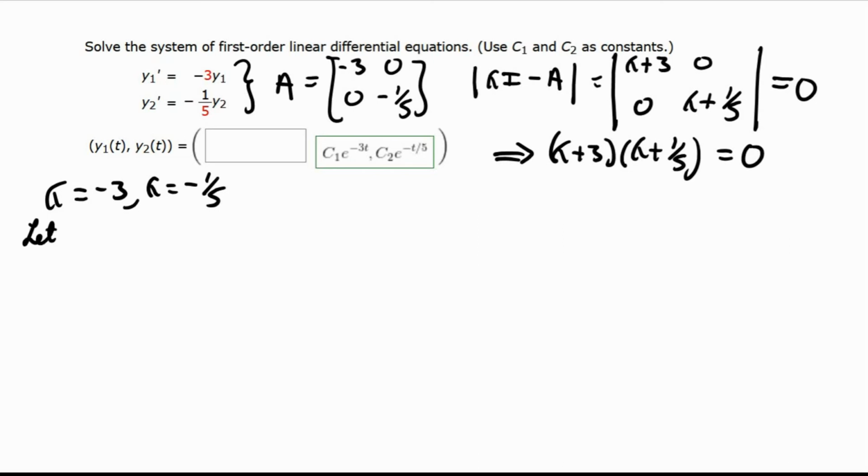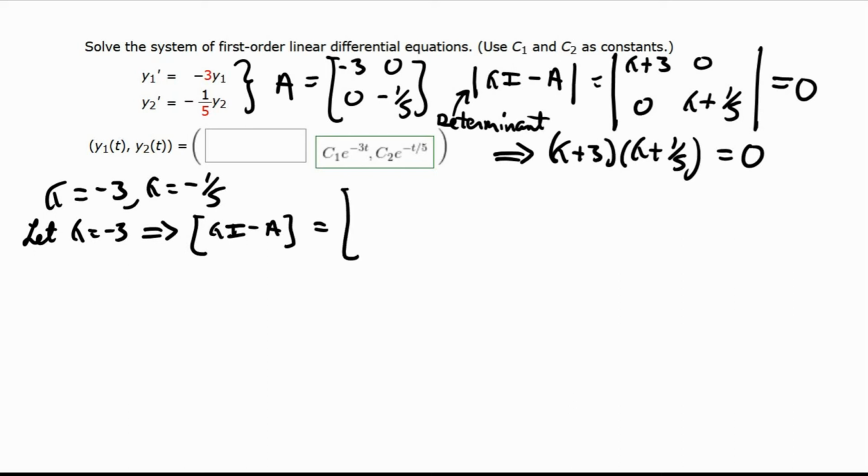So we take lambda to be negative 3 and plug that back into the matrix lambda I minus A. Remember, this notation is for a determinant, so here I write just the regular notation for a matrix. We plug in lambda equal to negative 3.